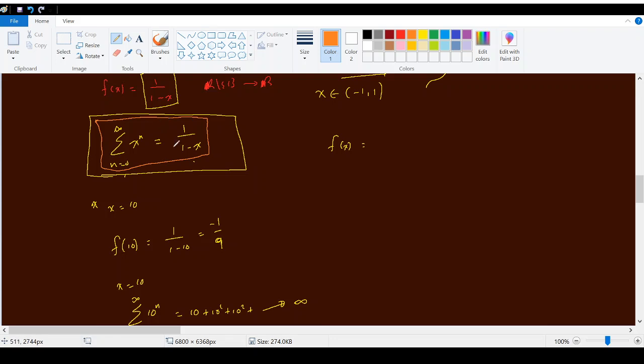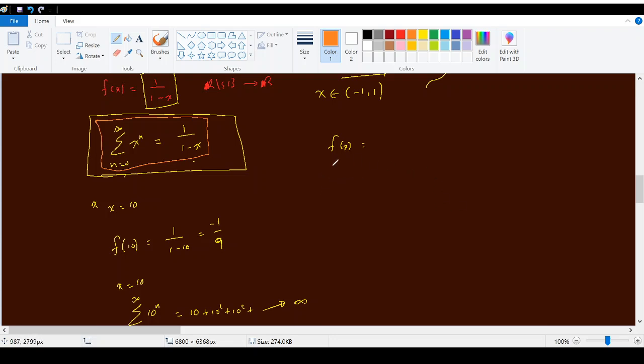Because from this, what we have done is we have written down a series as a representation of a function, right? So this representation is very important because from this one you can generate several other function representations for different types of series, and I will do it in the next video sets.